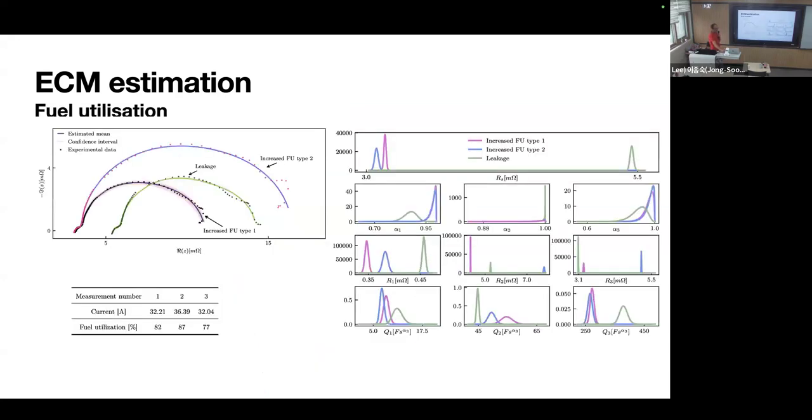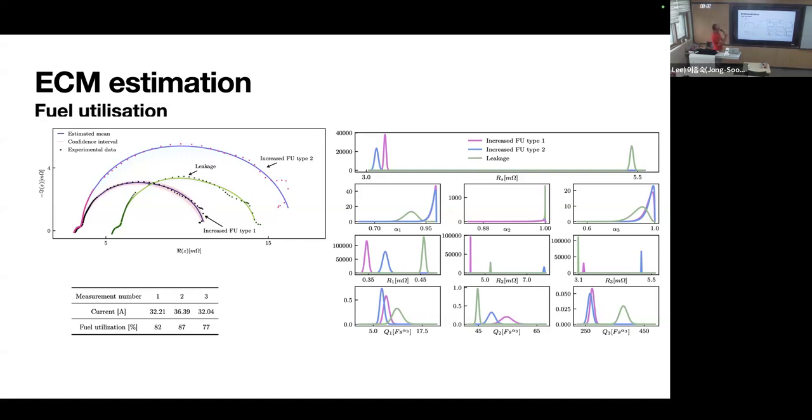And now we have the issue of can we use this approach to make fault detection? In this case, we have 3 sets of ice curves. They're real experimental data where we have different type of fuel utilization and 1 leakage fault. And each of these ice curves separately was used to fit such an equivalent circuit model. Some data have greater noise uncertainty around it, some others don't.